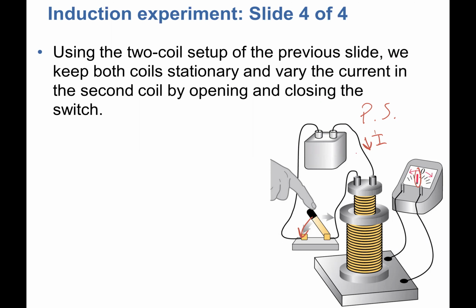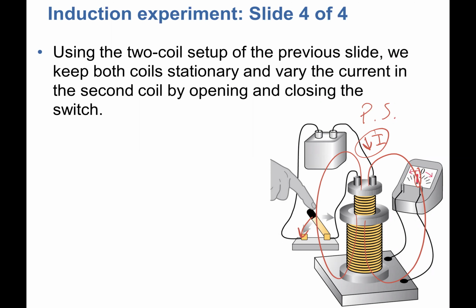But as this current is going through the secondary coil, remember, there was no current and no magnetic field, but now there's a current and now you start having a magnetic field. But that doesn't happen instantaneously. It usually takes a little bit of time, a microsecond or something like that, but that's a whole lot of time for the circuits.